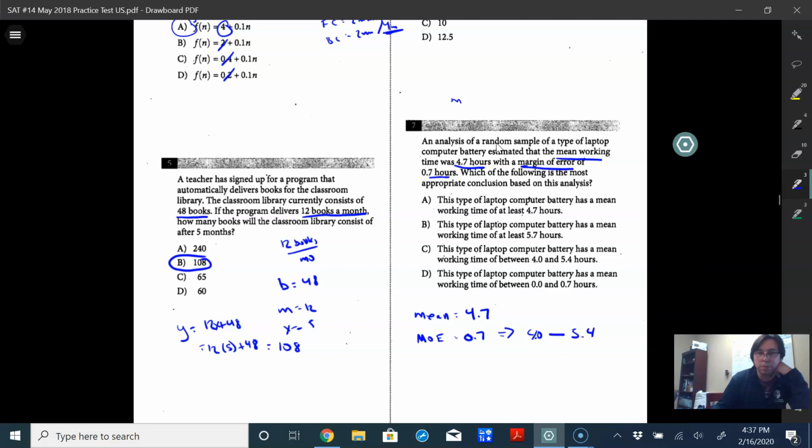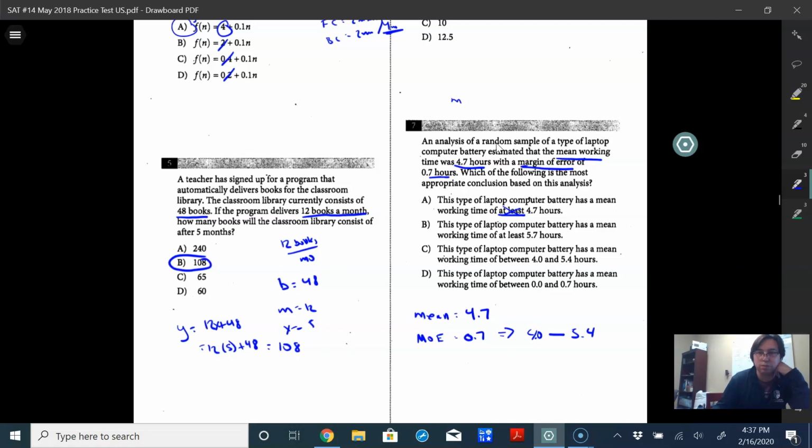So let's look at this. It says this type of laptop computer has a mean working time of at least 4.7 hours. That doesn't really seem appropriate, because it could be less, and so it's not at least. This type of laptop computer has a mean working time of at least 5.7 hours.